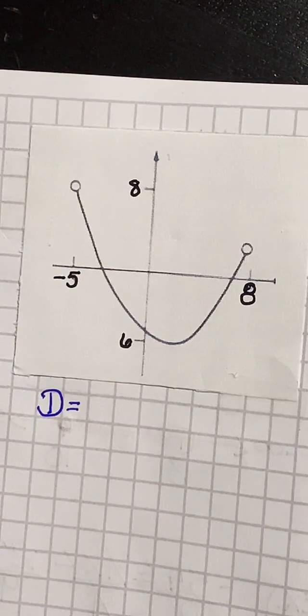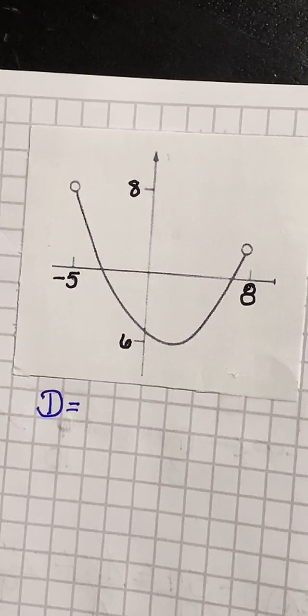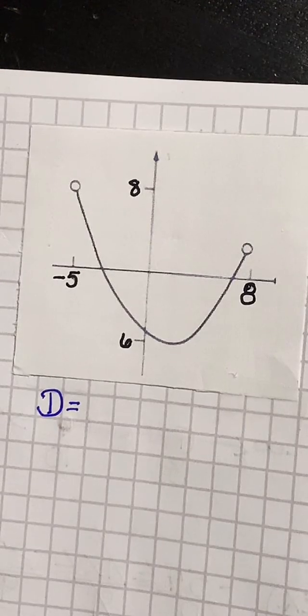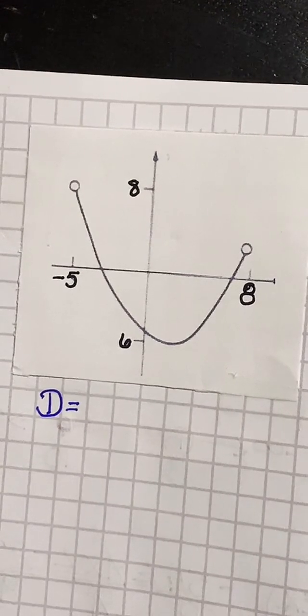Okay. So Free is saying negative 5 and 8. Princess is saying 6. Light Shadow is saying, is that 6 or negative 6?